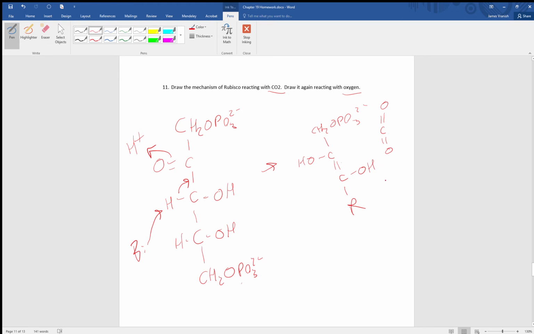We want to start turning this carbon, the top one, into a carboxylic acid. So we base deprotonate here, which allows these electrons to collapse down, forming a CO double bond, and that frees up these alkene electrons to do a nucleophilic attack on CO2 like so.